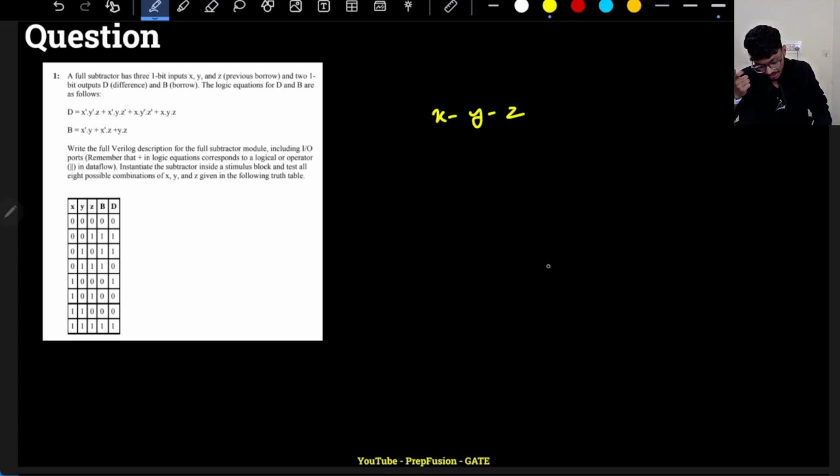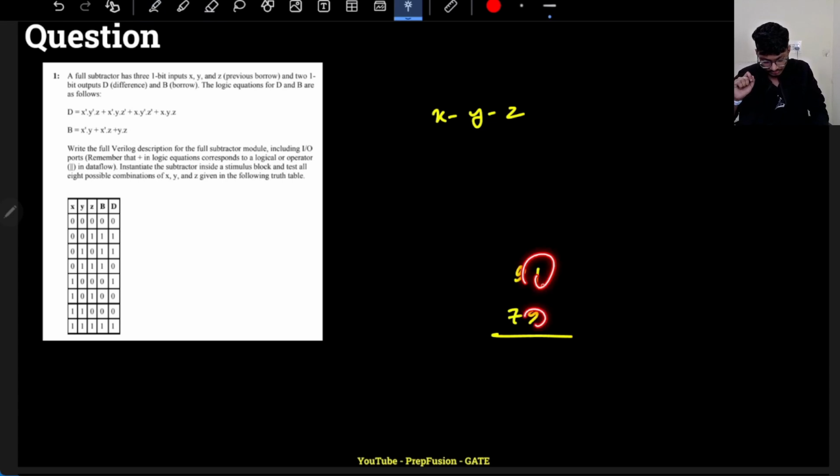Let's say I am subtracting a number like this, 91 minus 79. You cannot subtract 9 from this 1, right? What we do is take a borrow from the previous MSB. If a borrow comes, this becomes 11. So 11 minus 9 is 2.